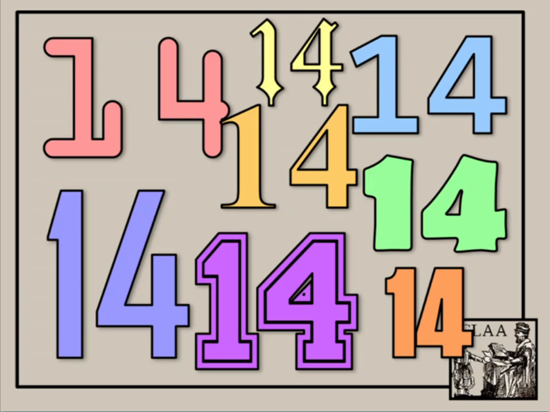And as we always say, there are many different ways to write the number 14, but you can always see that it's written with a number 1 in the tens place and a number 4 in the units place. These are all 14s.